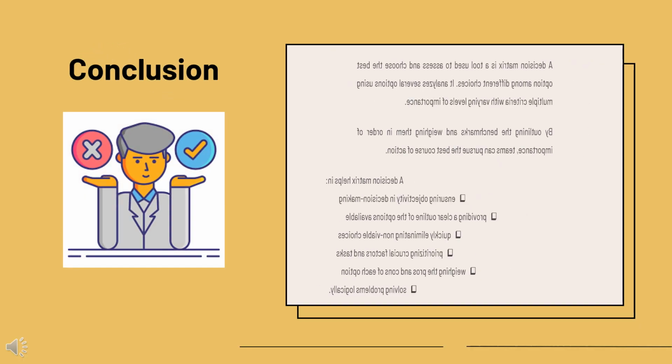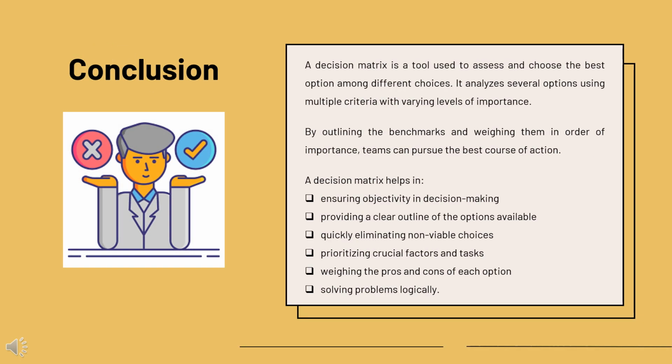Here, we can conclude that a decision matrix is a tool used to assess and choose the best option among different choices. It analyzes several options using multiple criteria with varying levels of importance. By outlining the benchmarks and weighting them in order of importance, teams can pursue the best course of action.